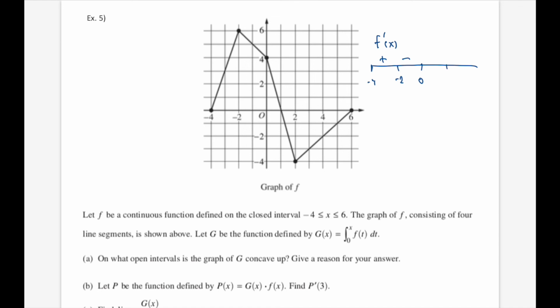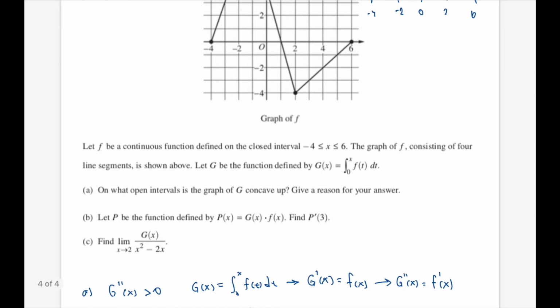From 0 to 2, our slope is negative. And from 2 to 6, our slope is again positive. So we wanted when g is concave up, that's when f prime is positive, so from -4 to -2 and from 2 to 6. The justification, the reason for your answer, is that sign chart. So we've got from -4 to -2 and from 2 to 6.